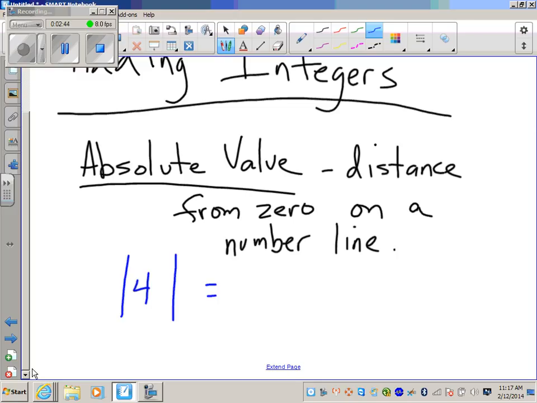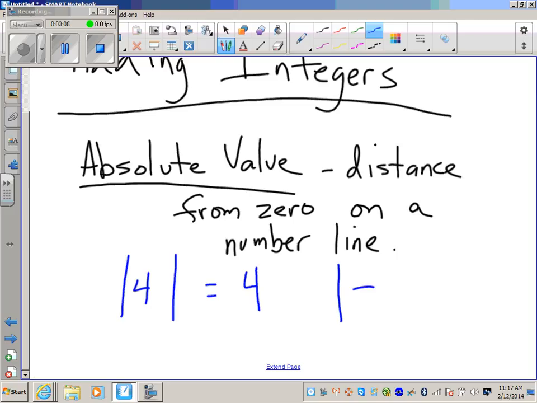So this here is asking for the absolute value of 4. Now, how many places, or what's its distance from 0 on a number line? 4. To get from 0 to 4 is 1, 2, 3, 4 places, right? That's its distance from 0.